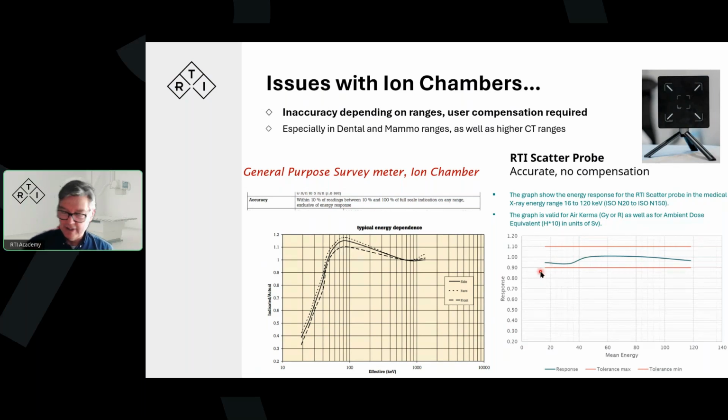In that area it's very difficult to distinguish, but with the electronics that we have, we can estimate the mean energy and automatically compensate so that we are within plus minus 10% of the actual levels of radiation. So there's no more 0.4 measurement; no compensation is required because we're within plus minus 10%.